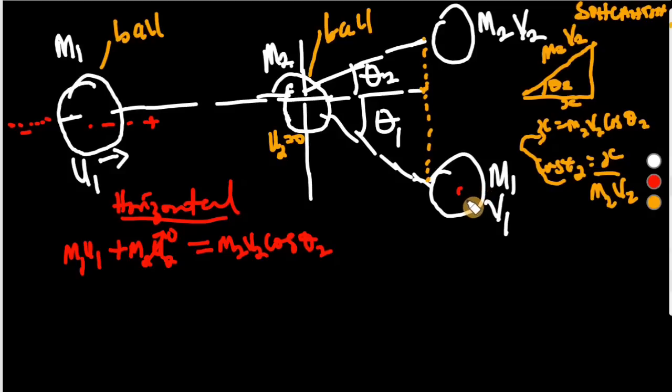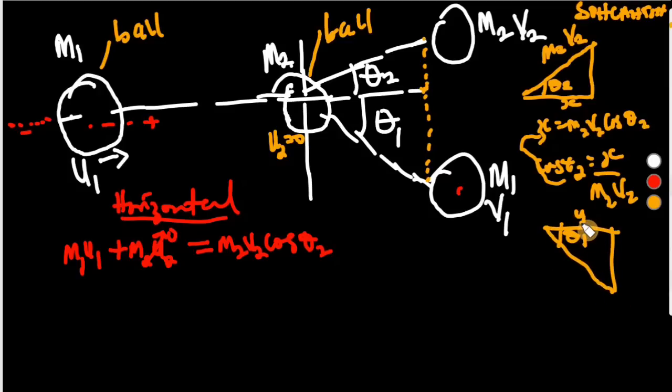The final momentum of ball 1 after collision: I can label this y, and this is theta 1.